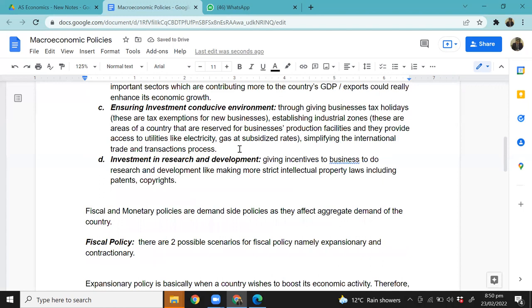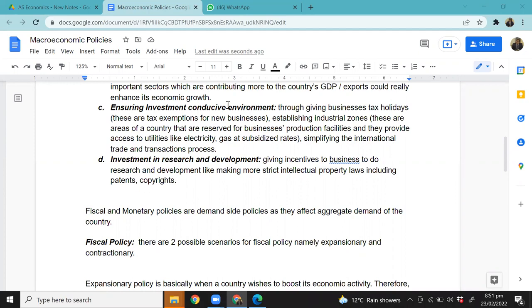Okay, so students, this will become more clear when we do some past paper practice related to this. Right, people will spend more and invest more. This will lead to more employment opportunities, the purchasing power will increase, plus the GDP will rise. Exactly.